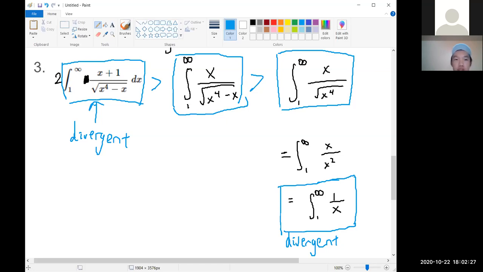Yeah, the process is basically you look at your original function and you try to strip off the terms until you get it in the form 1 over x to some power. So you look at this function, and it would be really good if the +1 wasn't there and the minus x wasn't there, because then you could simplify it to 1 over x to some power. So I just strip away the 1 and the negative x, and then I see where the inequality goes. And it just so happened to simplify to this.